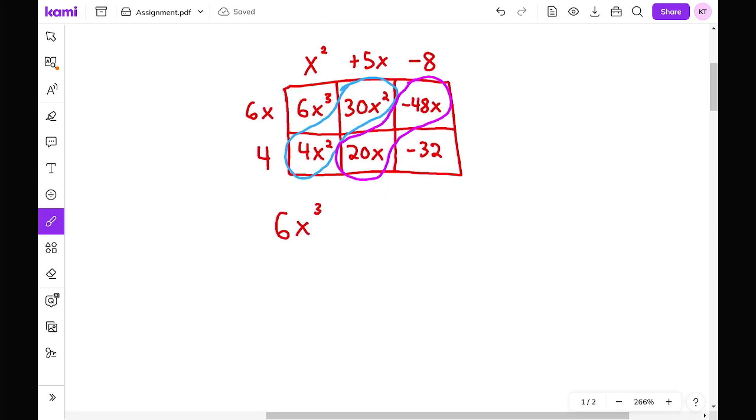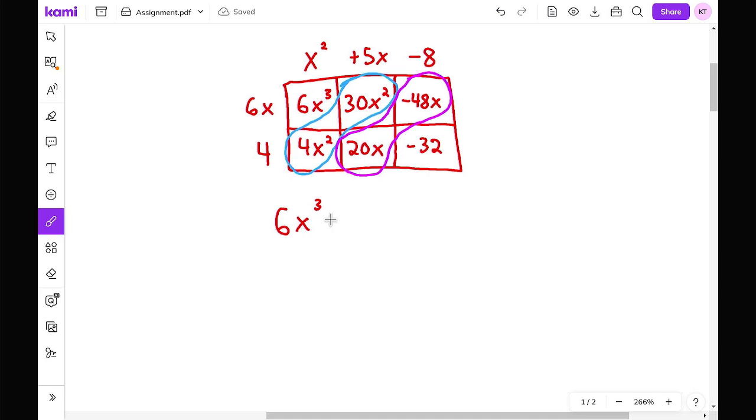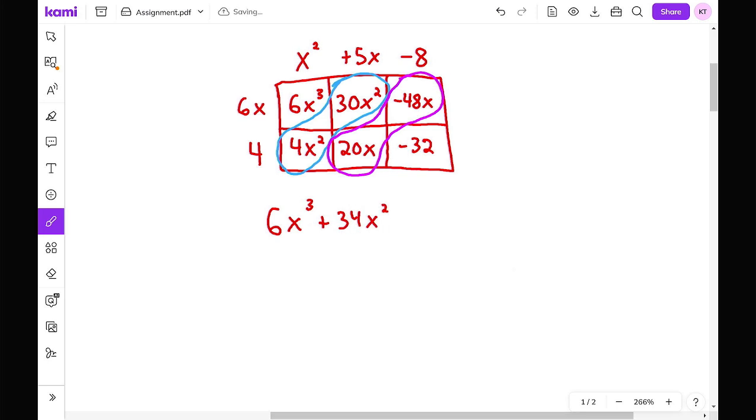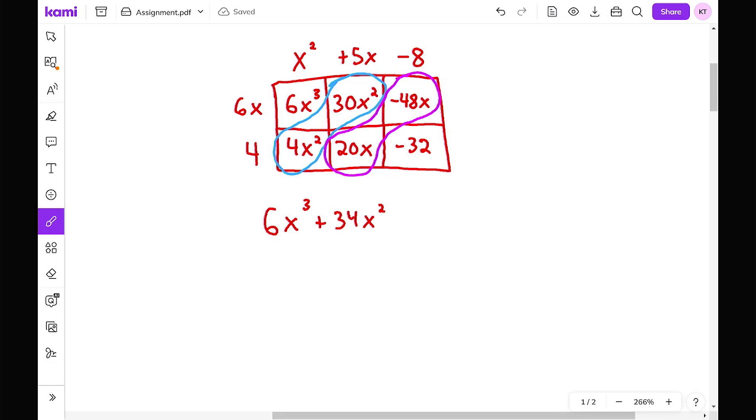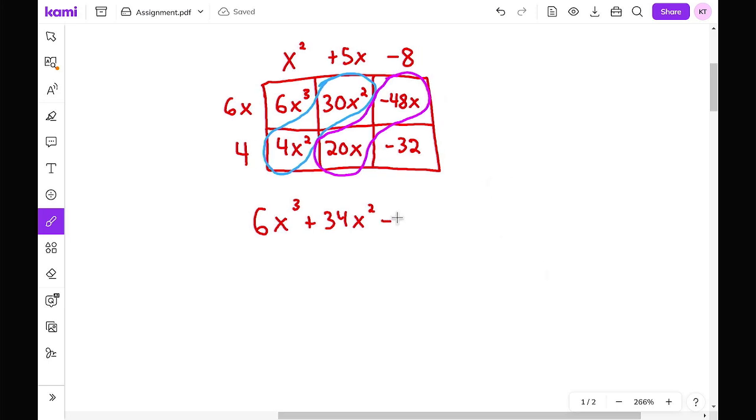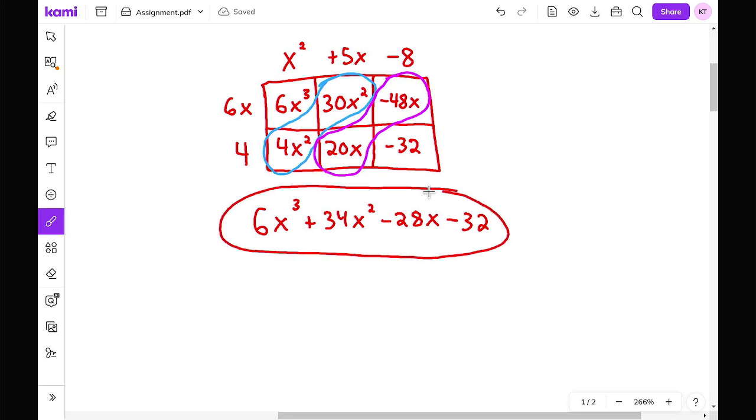Then 30x squared plus 4x squared, that will give me 34x squared. Then negative 48x plus 20x, that will give me a negative 28x. And then lastly, I'll have my minus 32. So this will be my whole entire final answer written out in standard form.